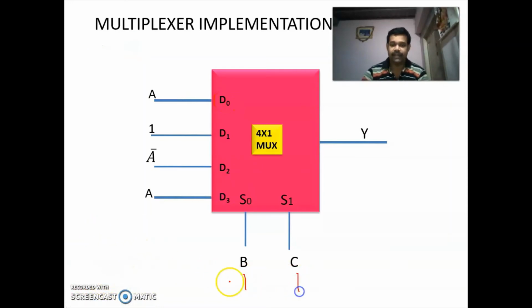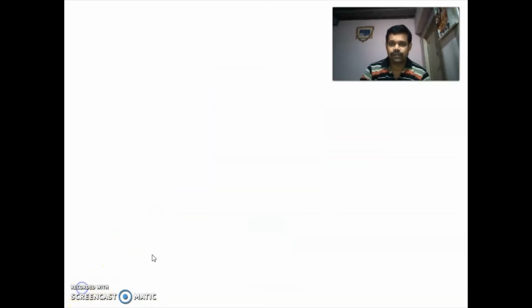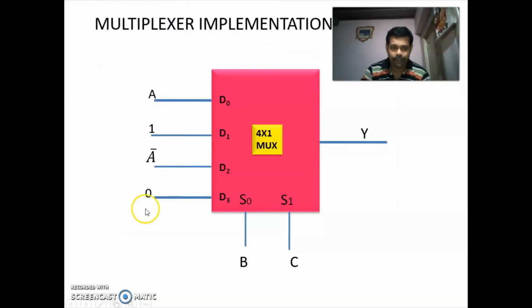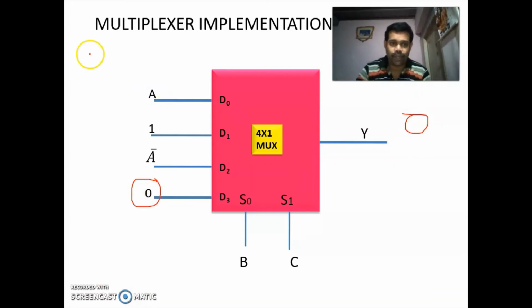For B and C we are giving 1, so D3 will be selected. The input to D3 is 0, so you will get 0 for 1, 1, 1.